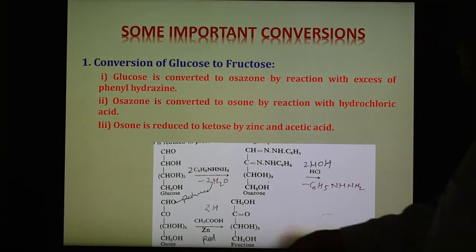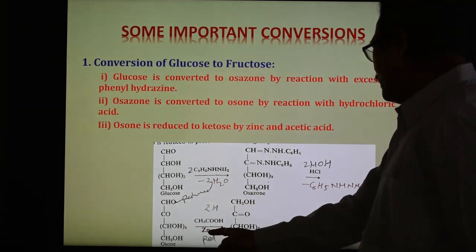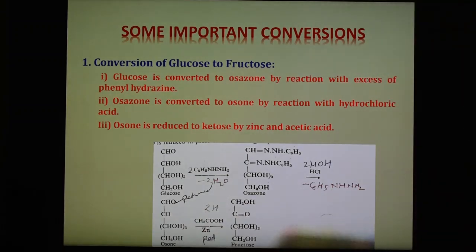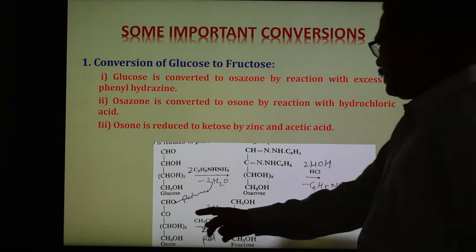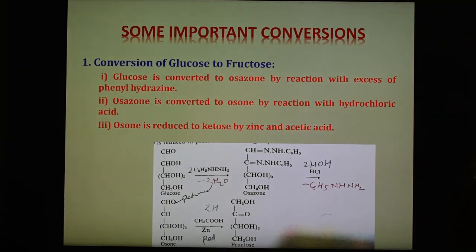After this, with reduction, 2 hydrogens are added here, in the presence of acetic acid and zinc as a reducing agent, and we obtain the fructose. So here it is CO and CH2OH, 2 hydrogens are added. So first the conversion is from glucose to osazone, osazone to osone, and then finally we get the fructose. This is the simple conversion of glucose to fructose.